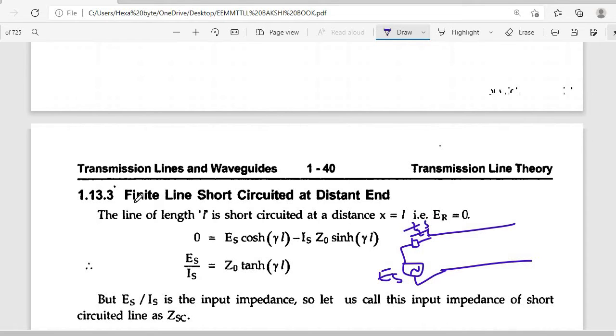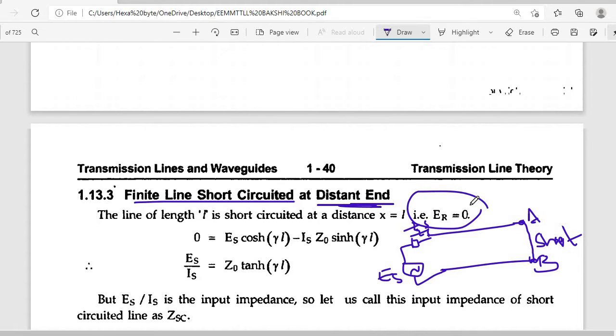Then in this case, finite line short circuited. Short means at the end, this is the ending point, a direct connection of the two terminals of the transmission line, A point and B point shorted. So for a short circuit at the receiving end, we are shorting, so ER equals 0 definitely.